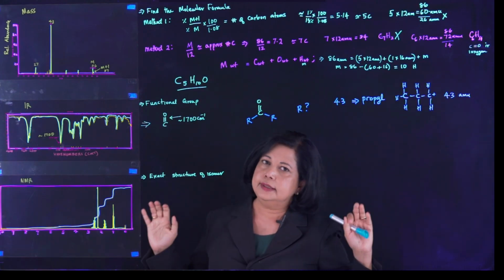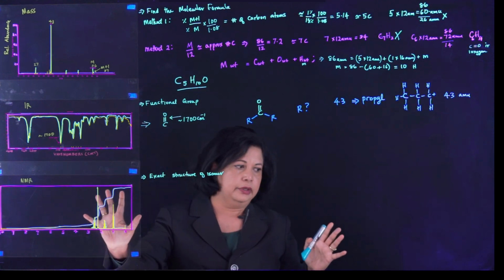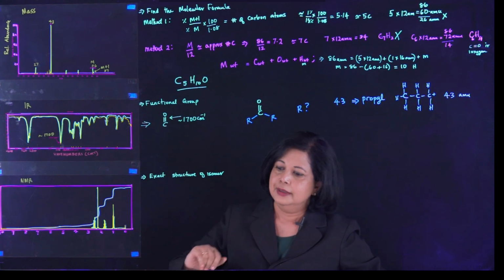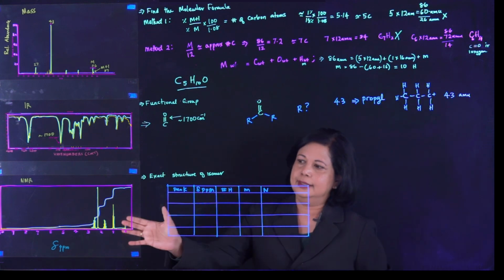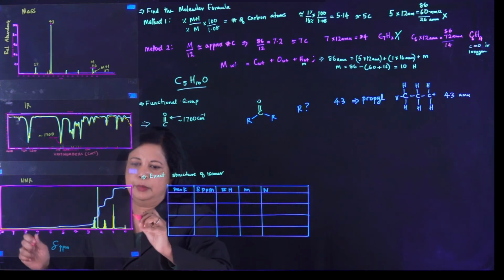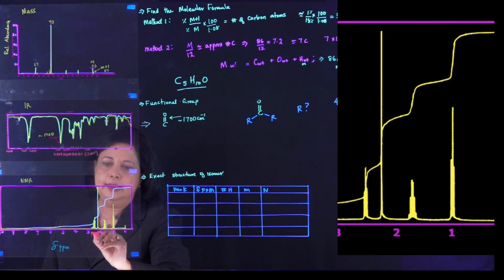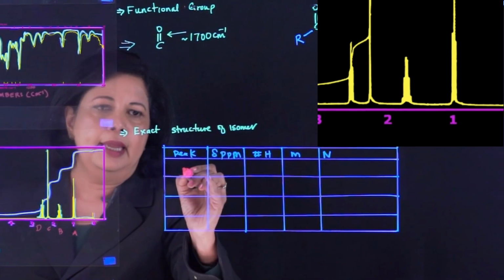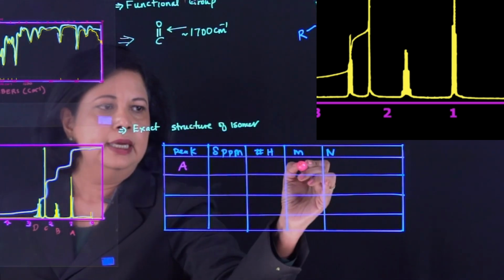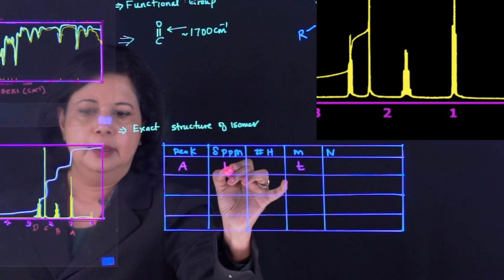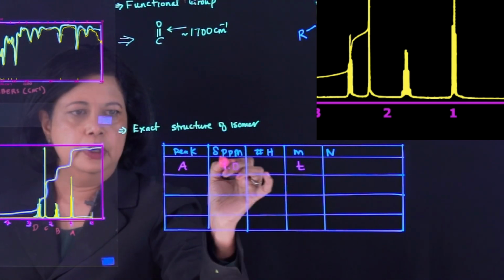Let's tabulate the data like we usually do before we proceed. Let's see what all is in here on this NMR, shall we? Let's label this peak A, B, C, D, going downhill. A is going to be a triplet at 1 ppm, just put 1.0.